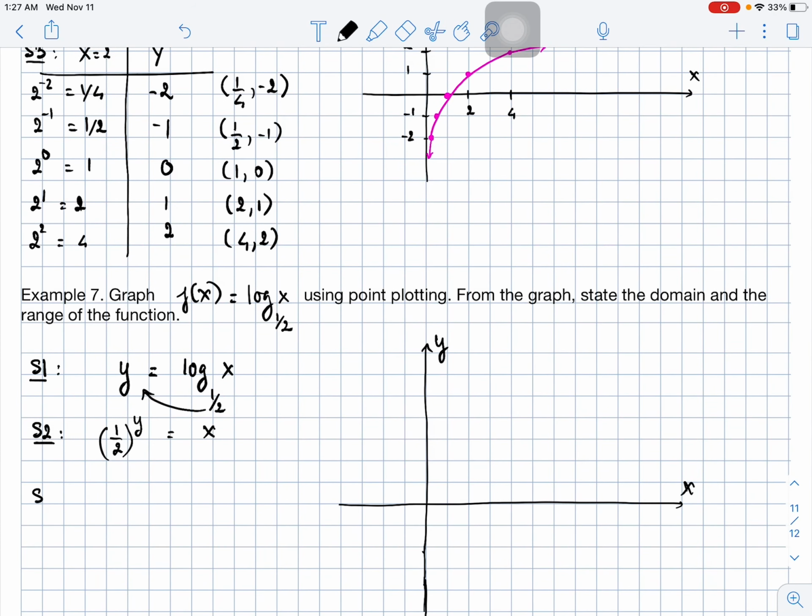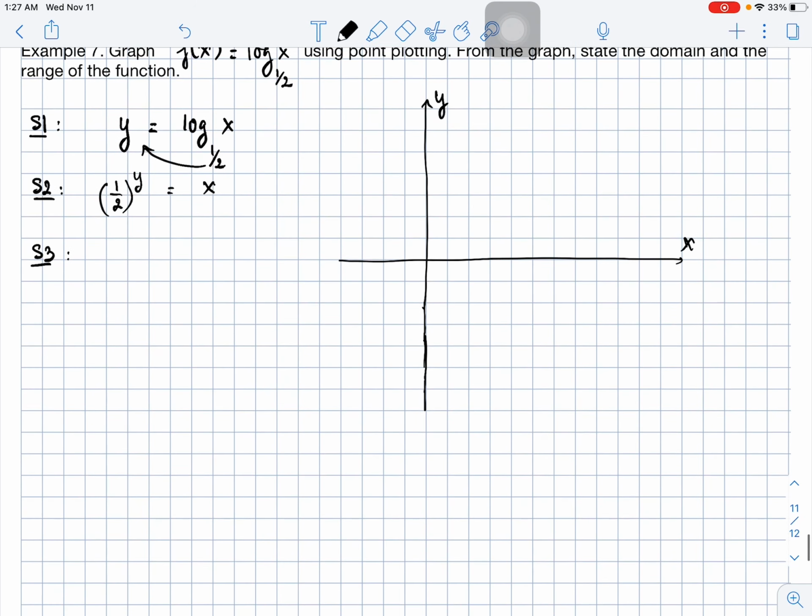And then step number 3, we make the table. x equal 1/2 to the y. And of course, it's easier to make y first. We're going to make some positive and some negative values for the y.